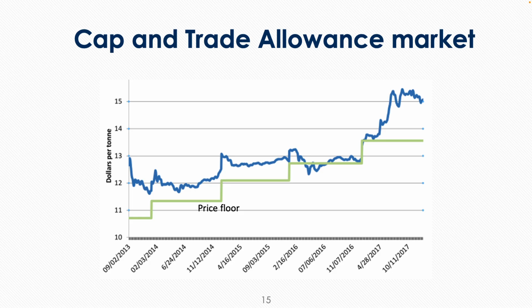Over time, what would we expect the prices to do? Yeah. Well, because the cap is going down over time, and the abatement gets more expensive. Yeah, so as the cap goes down, at the beginning, maybe you have a bunch of easy stuff that you can do to mitigate, and so the value of the credit is not as high.